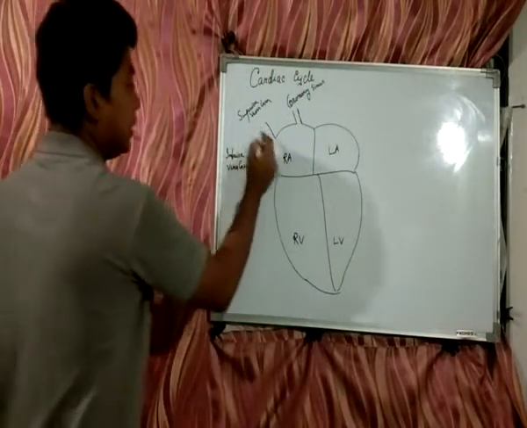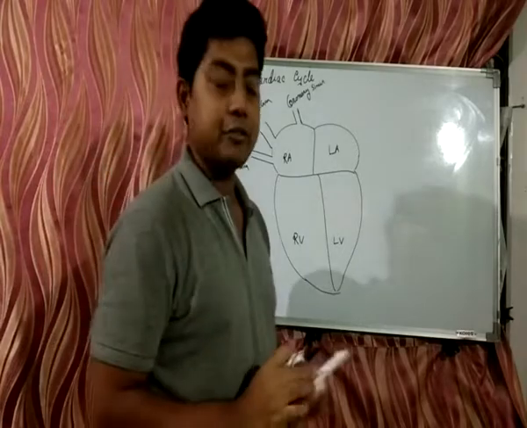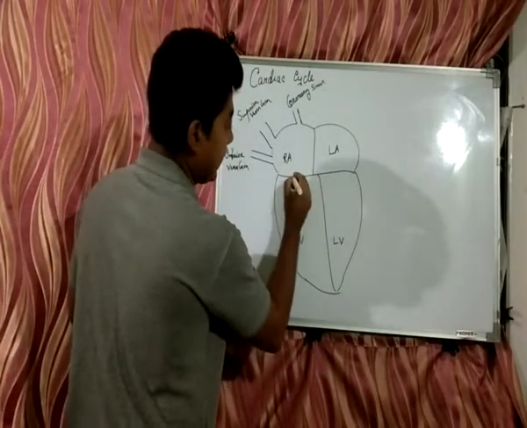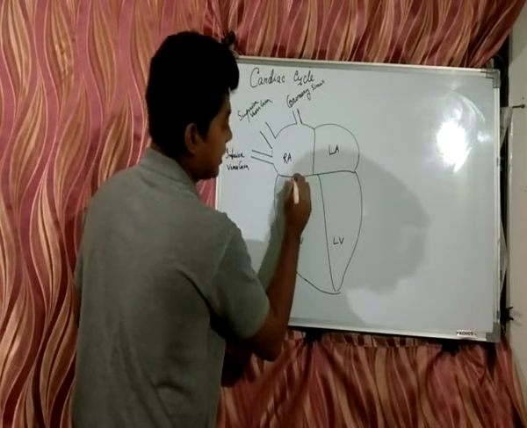Okay, so all this blood comes first to the right atrium, and between the right atrium and right ventricle a valve is present. That valve is called the tricuspid valve.